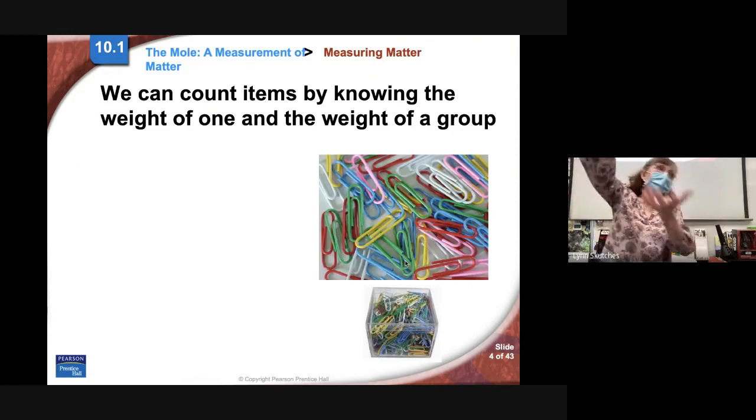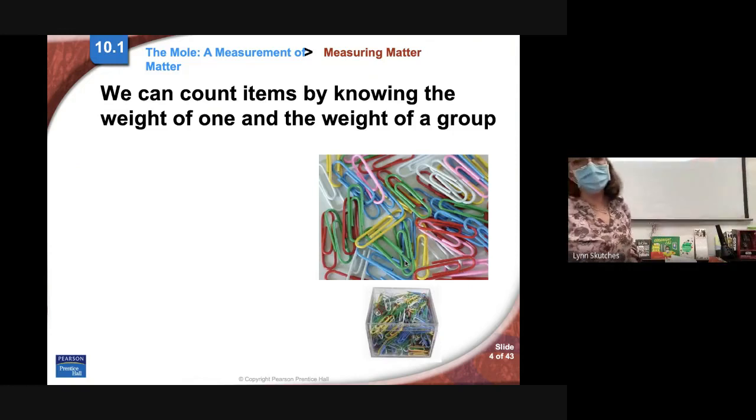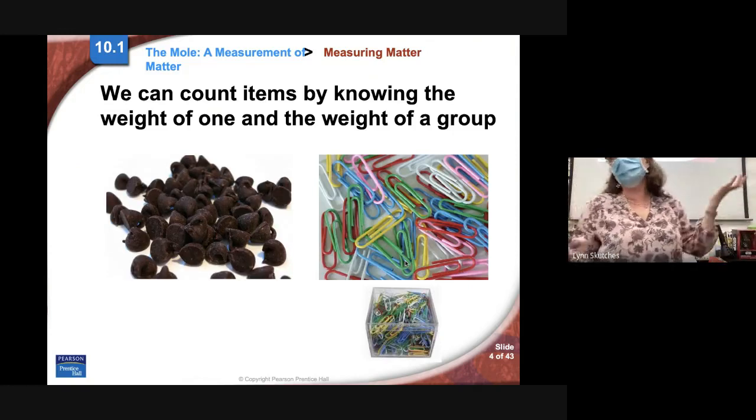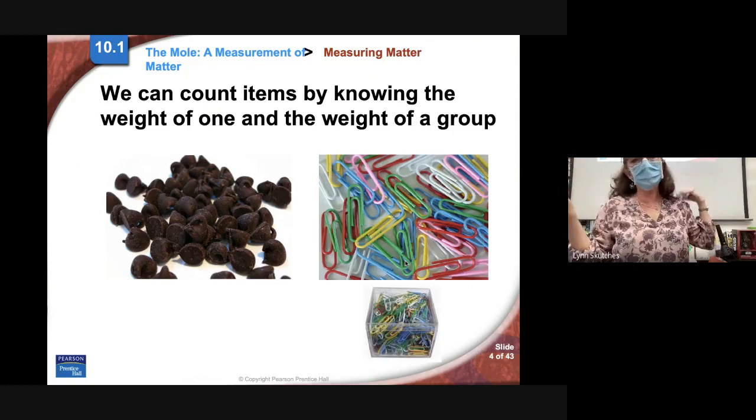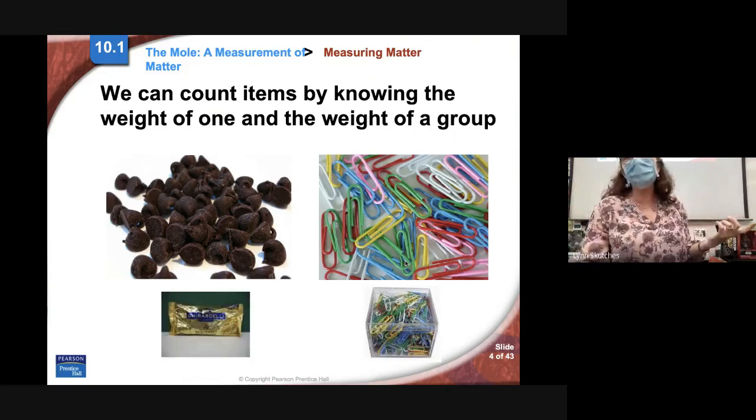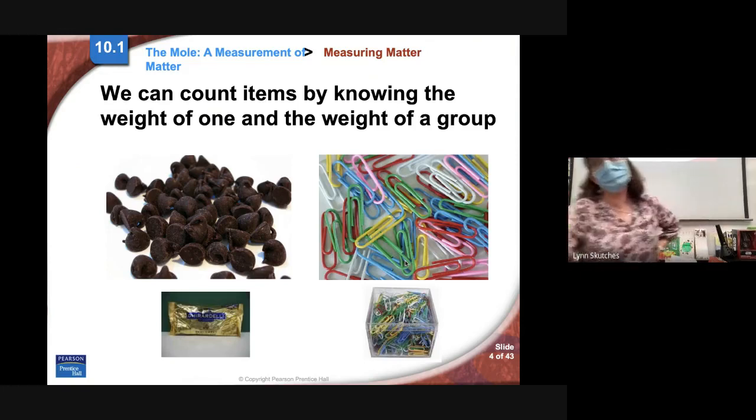Oh, yep, that's the right mass. And off it goes down to get packaged up further. Same thing with like chocolate chips. Got to bring in chocolate, right? So there's nobody counting how many chips are supposed to go in the chocolate chip bag. How come? They'd eat them all. Okay. Yes, it would take too long. So they do it by mass. Okay. And that's what we're going to do in here.